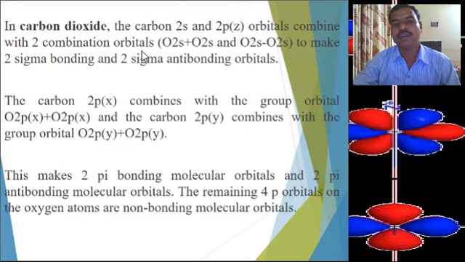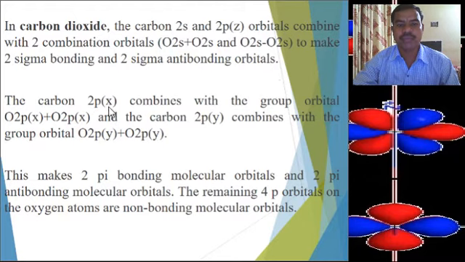In carbon dioxide, the carbon 2s and 2pz orbitals combine with 2 group orbitals, O2s plus O2s and O2s minus O2s, to make the 2 sigma bonding and 2 sigma antibonding orbitals.